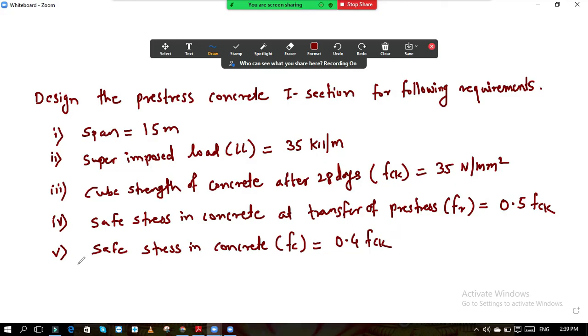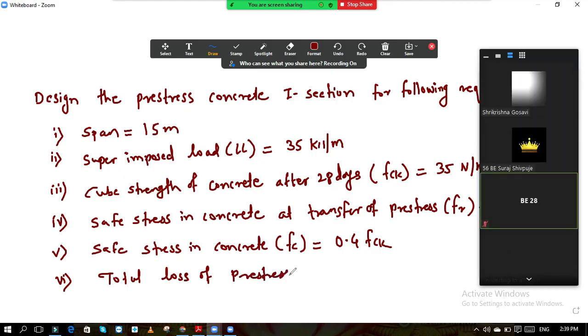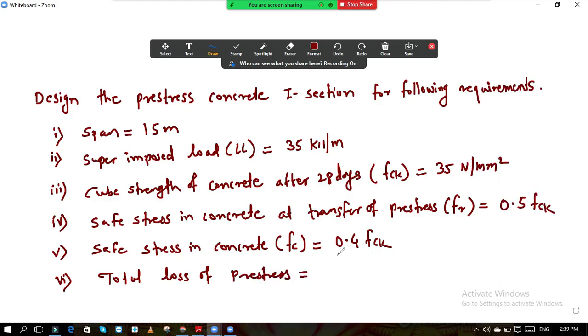Total loss of prestress is equal to 20%.